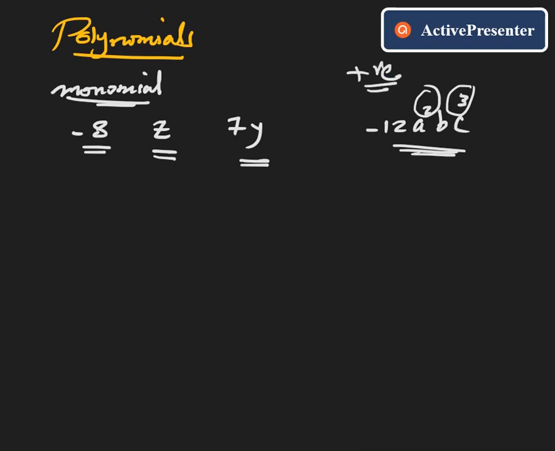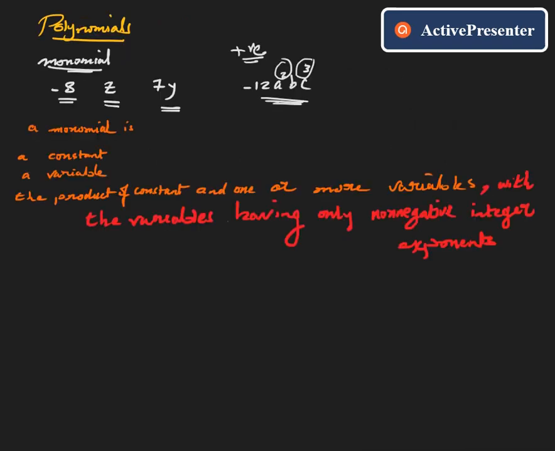This is called a monomial. That is, a monomial is a constant, a variable, the product of a constant and one or more variables, with the variables having only non-negative integer exponents.